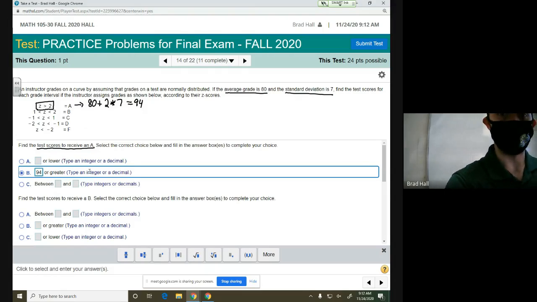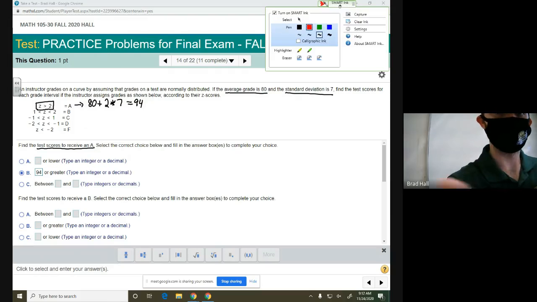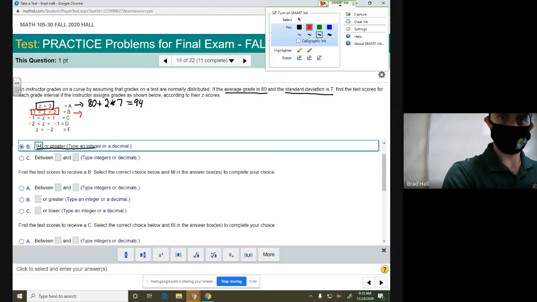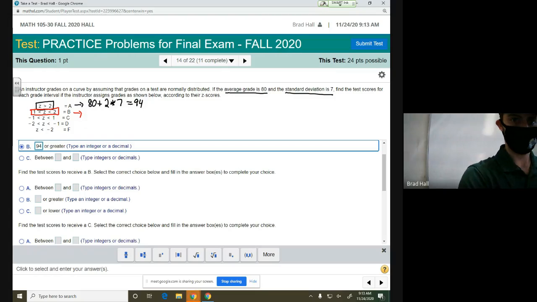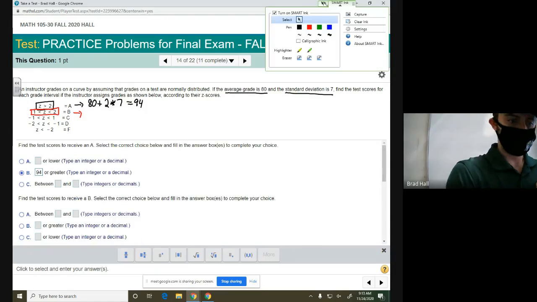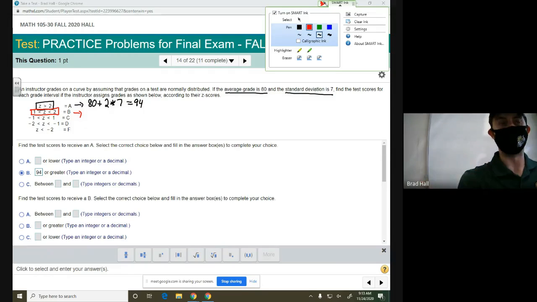And so we can do the same thing for the B grade. For the B grade, it says between 1 and 2 standard deviations.